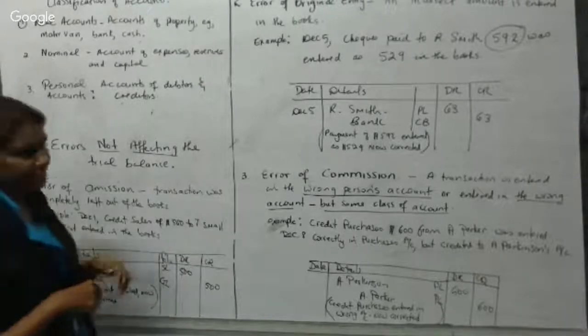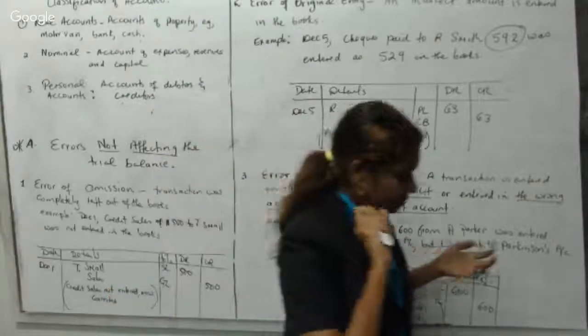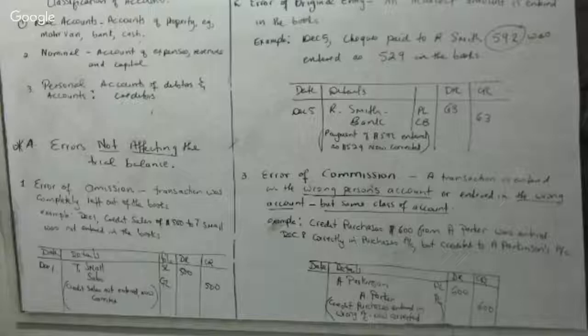So if I bought equipment and instead of debiting equipment, I debited motor van account, it means I have to reverse the debit entry from motor van by crediting motor van and then debiting the equipment. Right? So once you can picture a double entry, you should know what to do here.